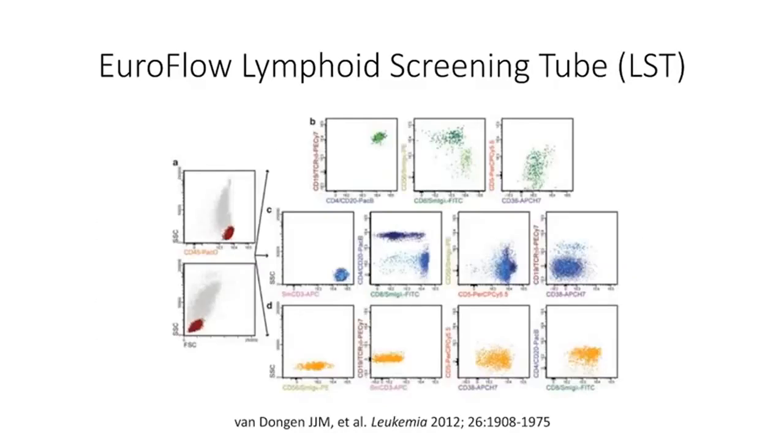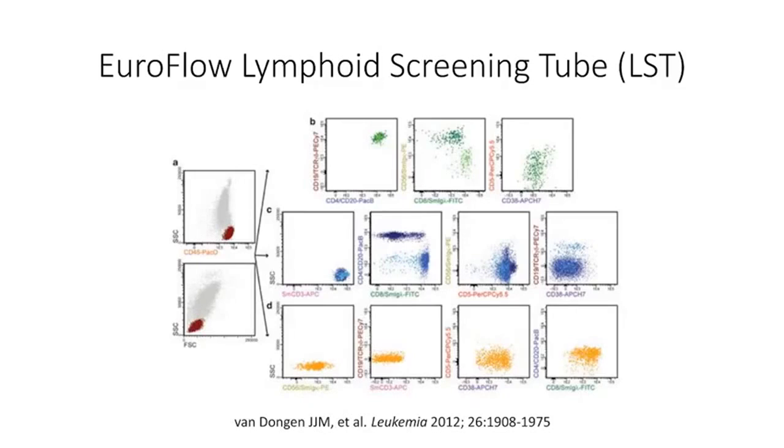The EuroFlow group has designed and validated a so-called lymphoid screening tube, which is an 8-color 12-antibody assay that screens for abnormal B cells, T cells, and natural killer cells. The general approach is illustrated in this slide.